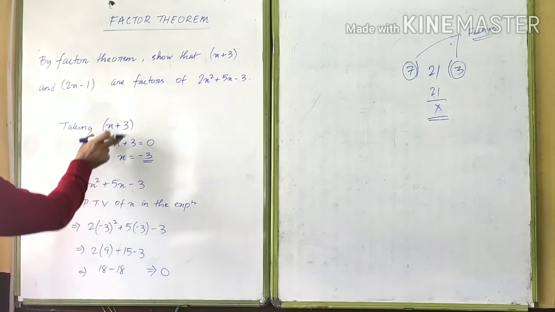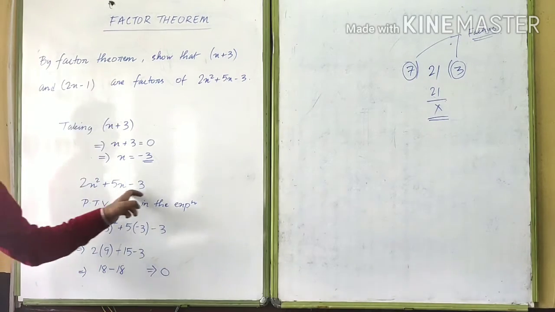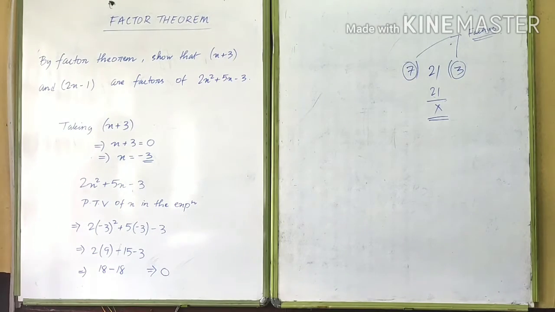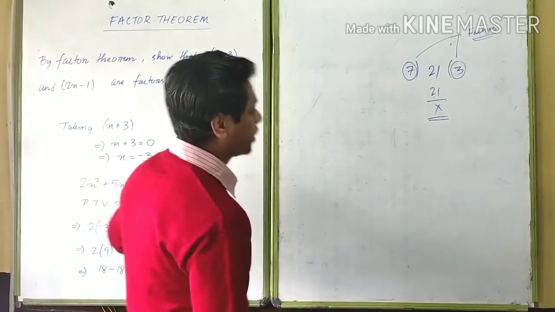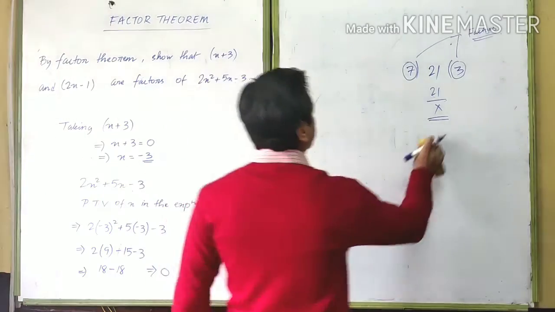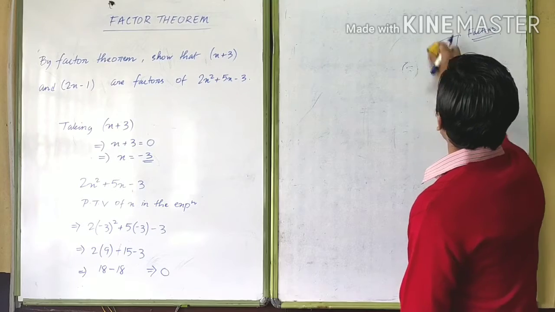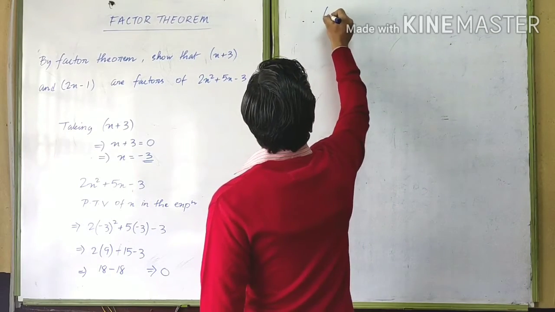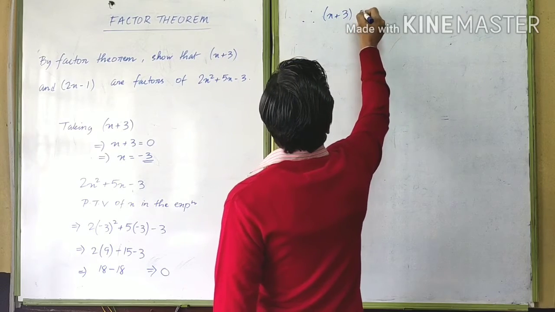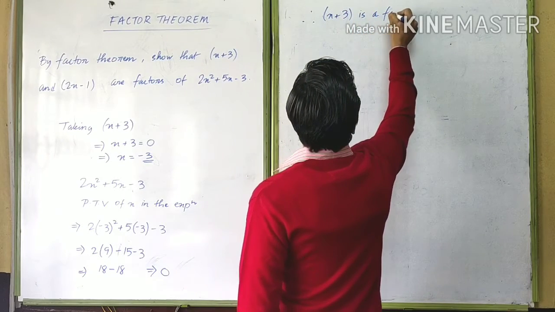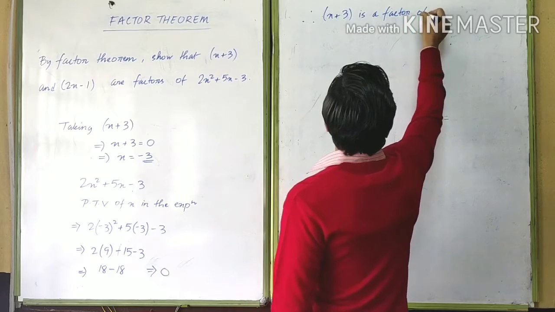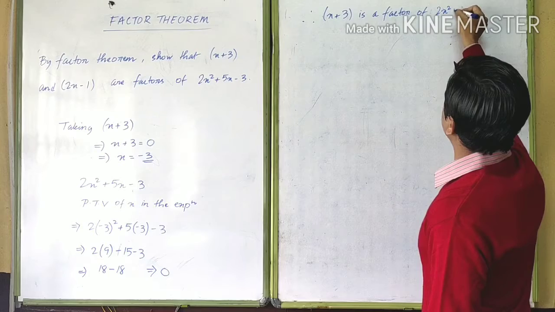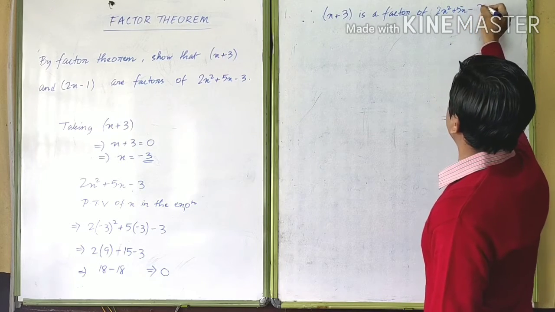That means this binomial completely divides this polynomial or this expression, and the answer we are getting is 0. That means we can conclude that x plus 3 is a factor. Therefore, x plus 3 is a factor of the expression 2x square plus 5x minus 3.